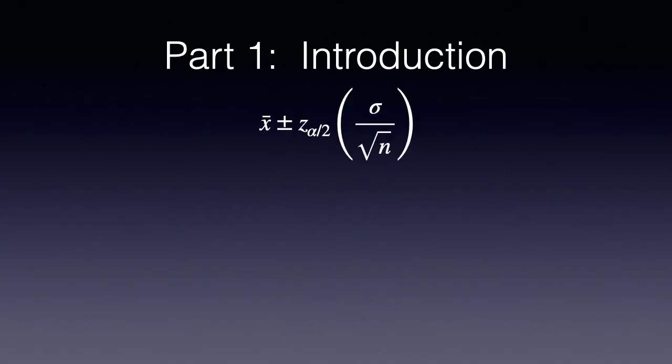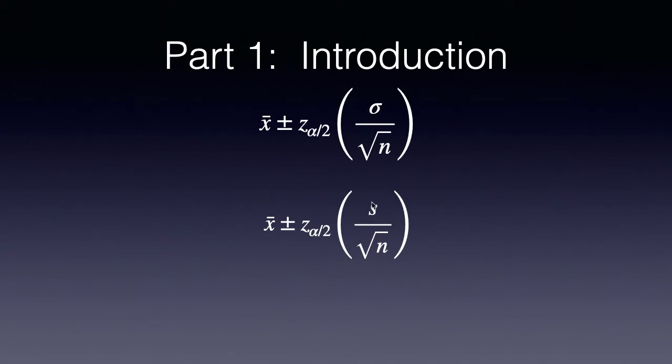One of the interesting things to note is that this margin of error involves our population parameter sigma. But here's the problem. We don't know sigma. Since we don't know sigma, we're going to have to do something. So what we do in practice is we toss in S, the sample standard deviation, and we'll just use that as our best guesstimate for sigma.